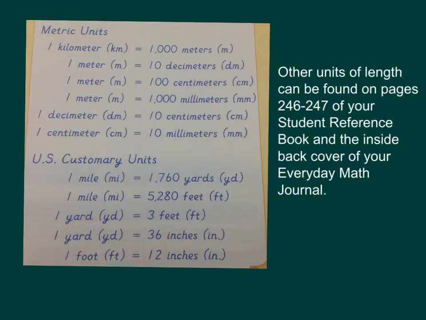For a mile, it's mi. For yards, it's yd. For feet, it's ft. And of course, for inches, it's in. Other units of length can be found on pages 246 and 247 of your student reference book and the inside back cover of your Everyday Math Journal.